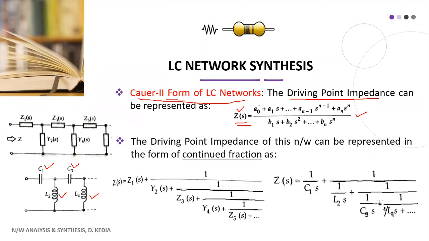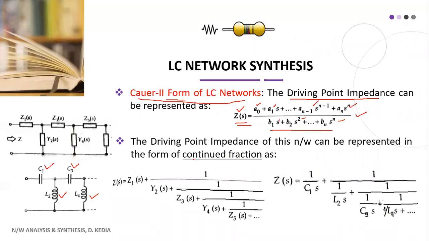See, in the numerator we have A naught, then A1S, then A(N minus 1) S^(N minus 1), AN SN. The power of S is increasing, whereas in the Cauer 1 representation the power of S was decreasing. Similar is the case in the denominator: the power is increasing, S raised to power 1, S raised to power 2, S raised to power n, like this. And this is one difference.